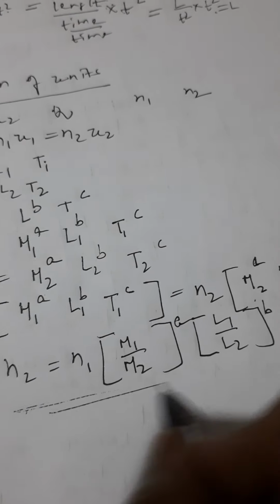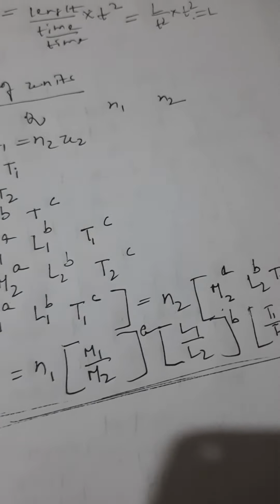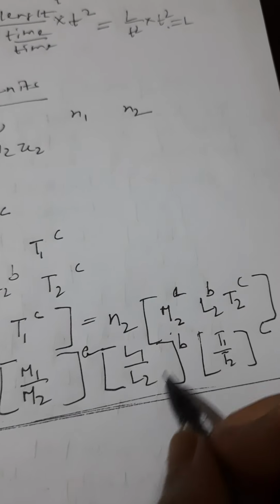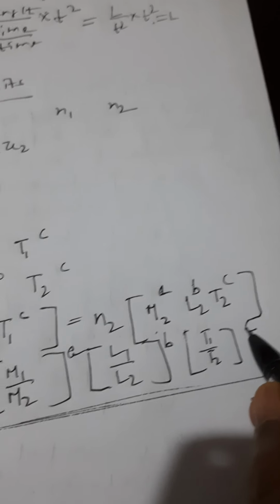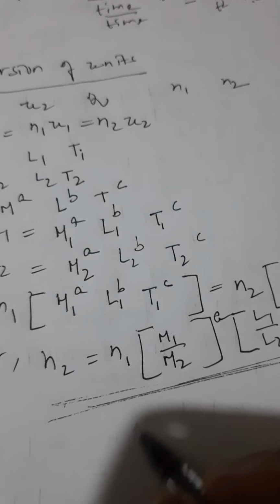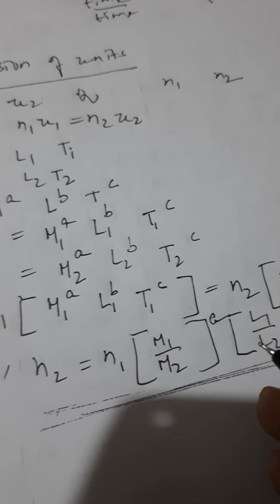So this is the equation: N2 is equal to N1 M1 by M2 to the power a, L1 by L2 to the power b, T1 by T2 to the power c, which is used to find the numerical value in a new system of units.